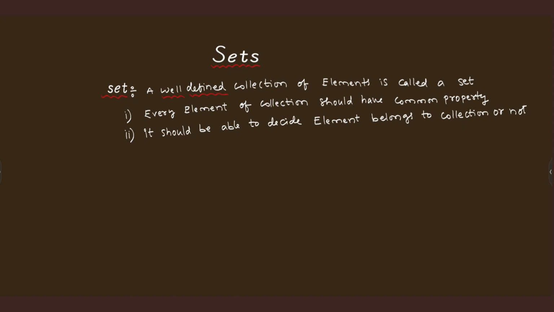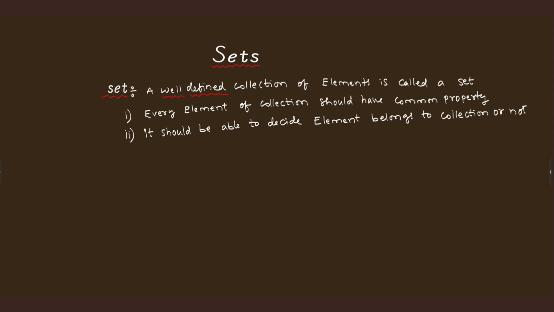Then which collections are not well defined? For example, the most talented students in your class. Here also it is a collection, but we are not specifying on what basis we are deciding the talent. Some people will be very talented in academics, some people will be very talented in sports.